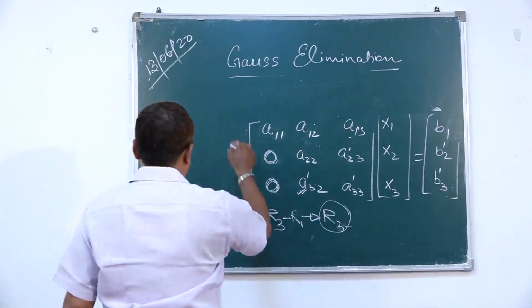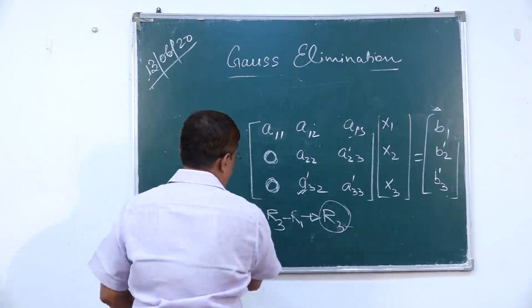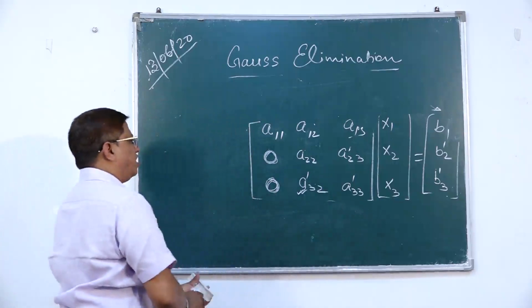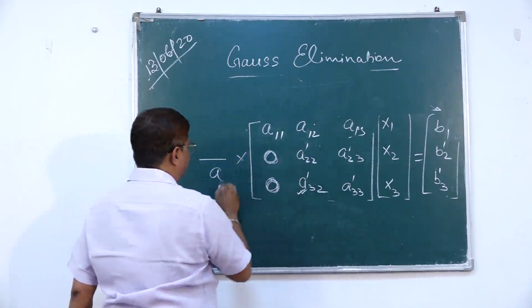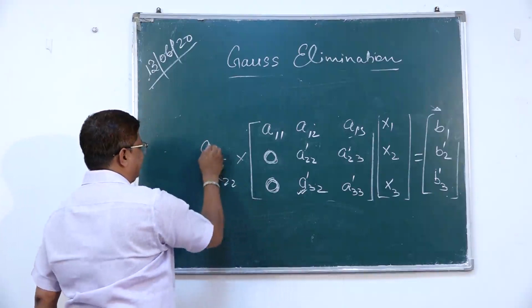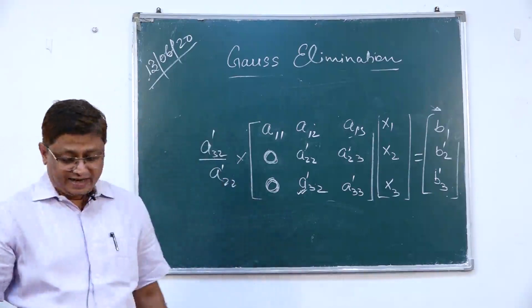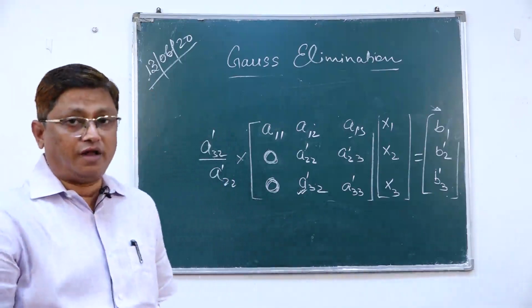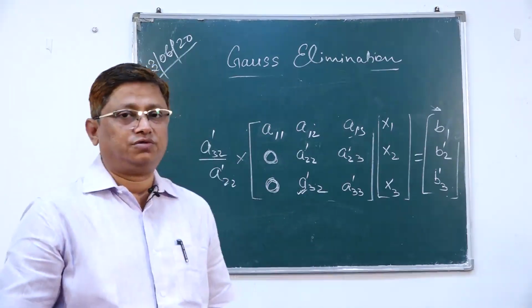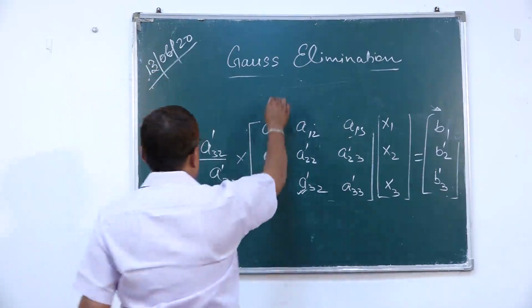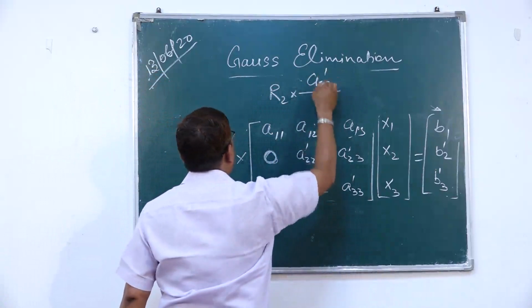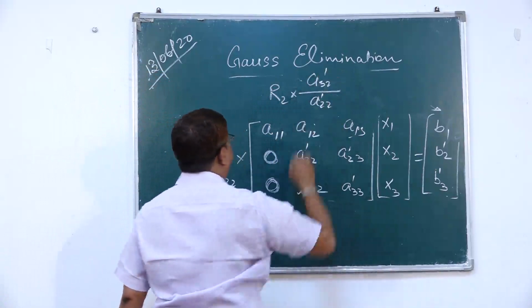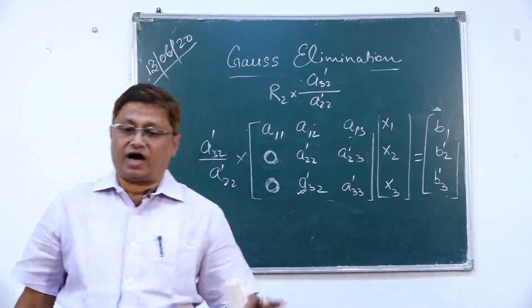Now the multiplication will be shifted to the position of R2, A22 dash. Multiply and divide on the row R2 by A32 dash divided by A22 dash. On which row? R2.